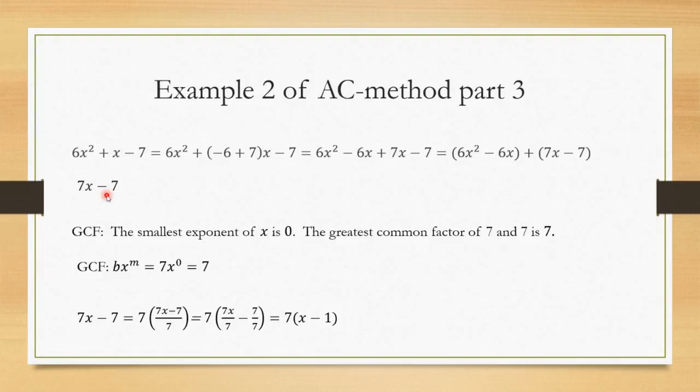They're both 7. So the greatest common factor of the coefficient and the constant term is 7. So b is 7. M is the smallest exponent of x, which is 0. So we get 7x to the 0, which we can take as 7.